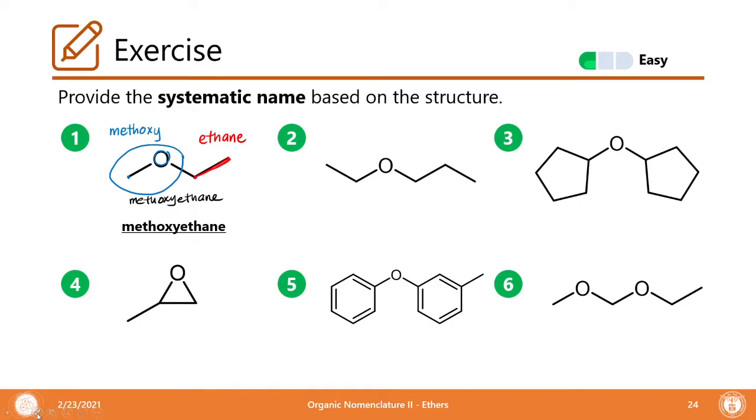Okay, we move on to the next one. We have an ethane group here and we have a propane group here. So we have 3 carbons here. This is the longest chain. We have a propane group.